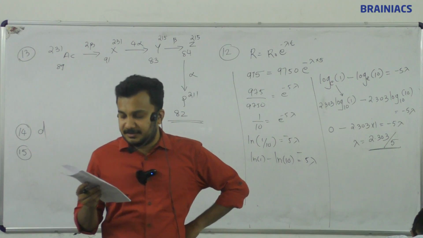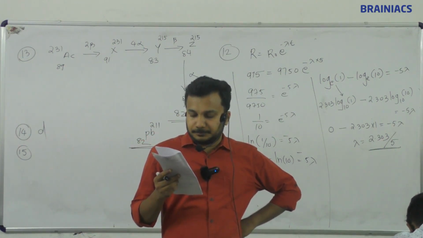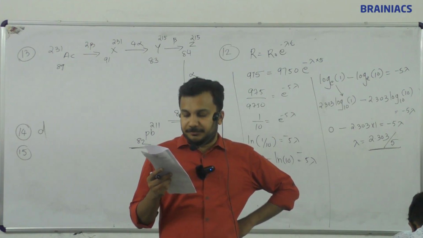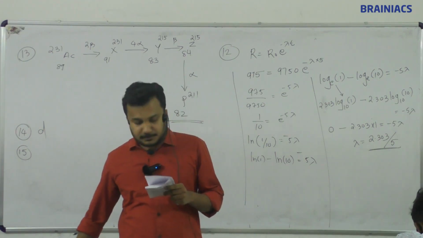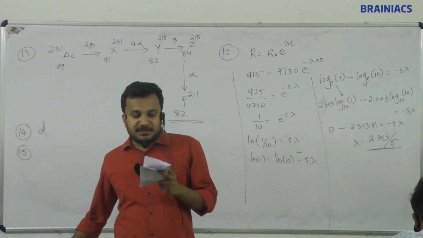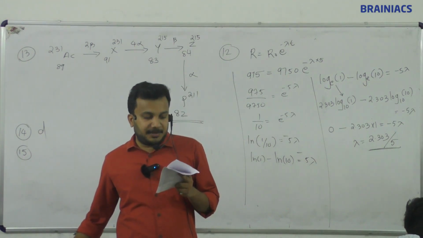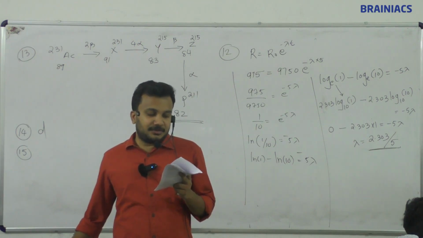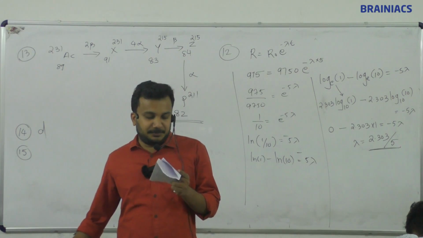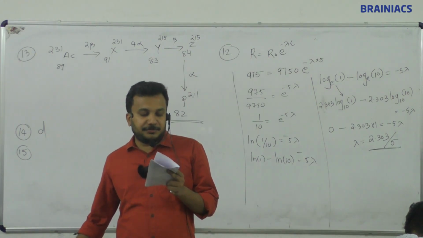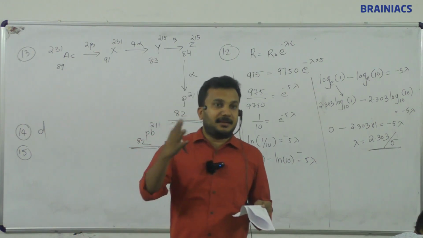If M0 is the mass, then binding energy of the isotope will be 8 Mp plus 9 Mn minus M0 into C square. If we calculate, we'll get a negative value. If there are no other options, we can choose option C. So that will give an energy in a negative value.